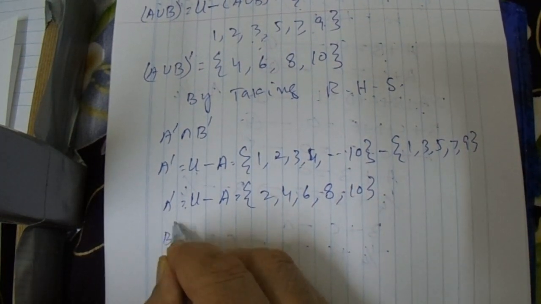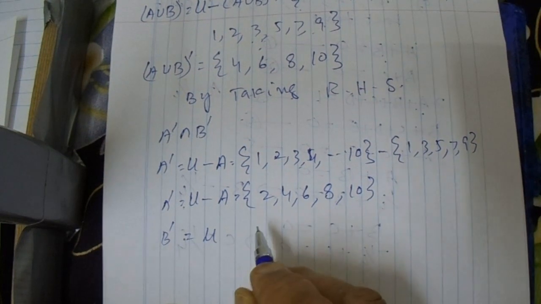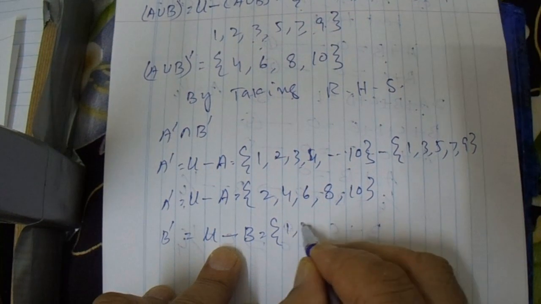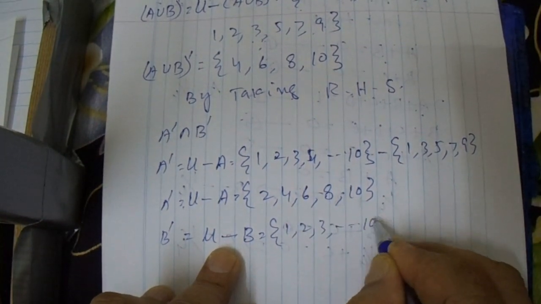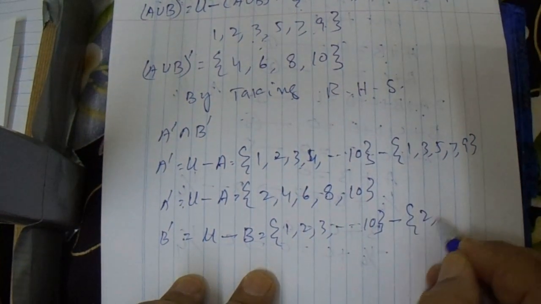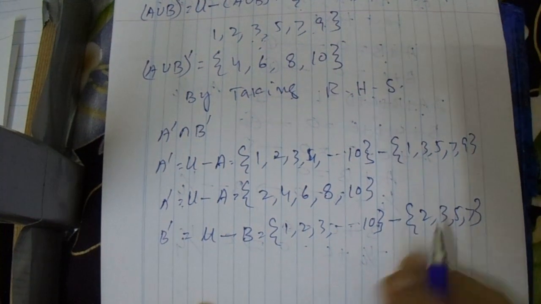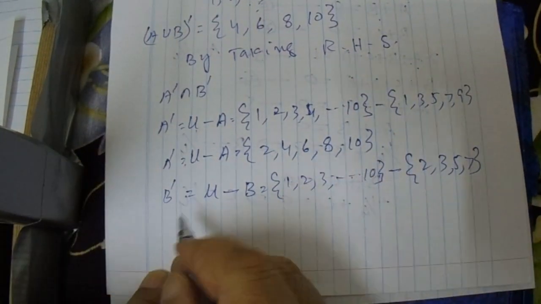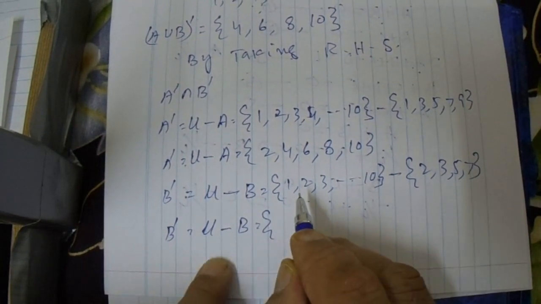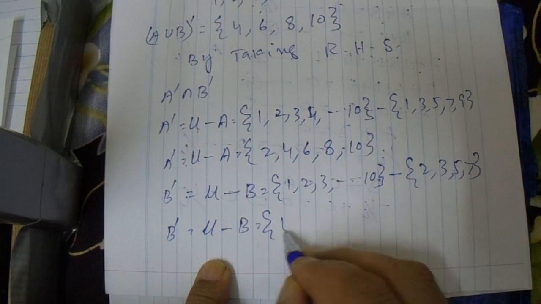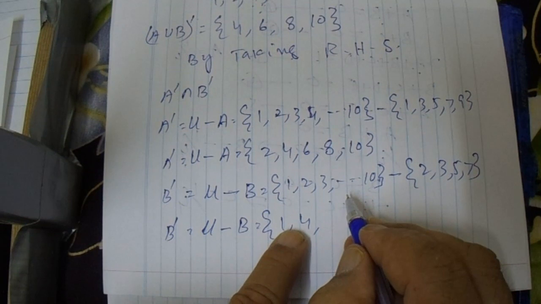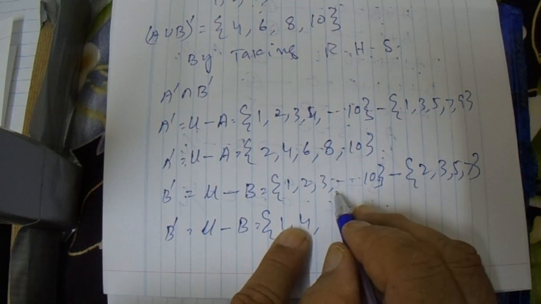Now we write B complement. B complement is universal set minus B, and universal set is 1, 2, 3 and goes to 10, and B is 2, 3, 5, 7. Now B complement is equal to universal minus B. We write 1, yes. 2 don't write, 3 don't write, 4 right. 5 not.